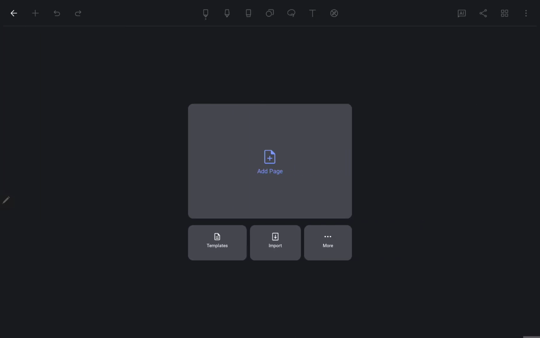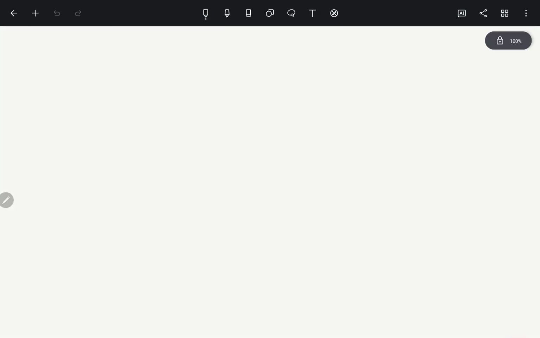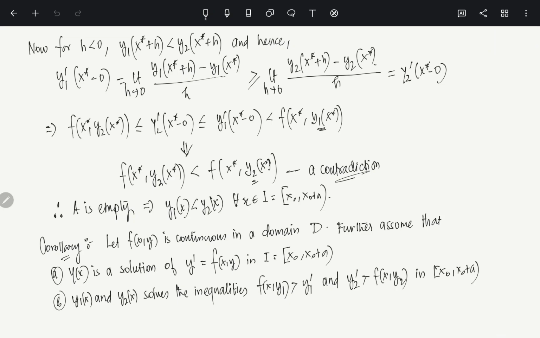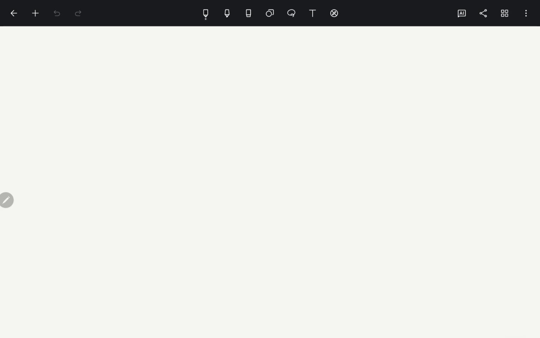The third condition, we need another condition. Why? Because in the earlier cases, if you remember, we know what is happening to the solution initially. If it is below initially, it stays below. So we need that sort of initial condition. We need to know what y1 and y2 do initially. So y1 at the point x naught is dominated by y at x naught, which is dominated by y2 at x naught.